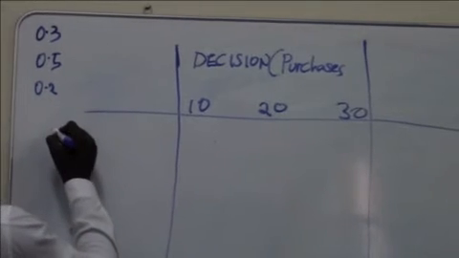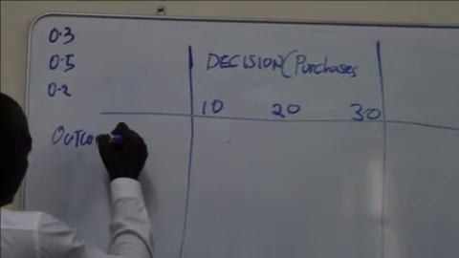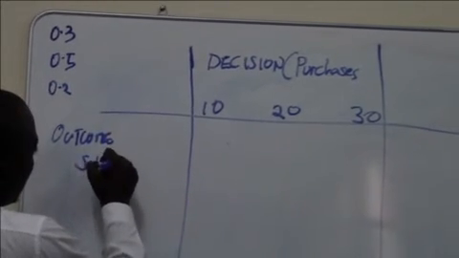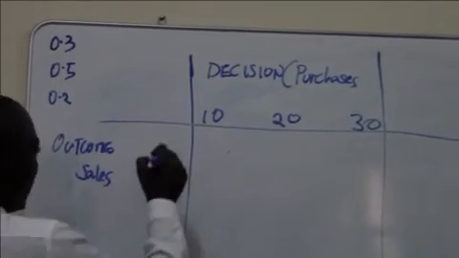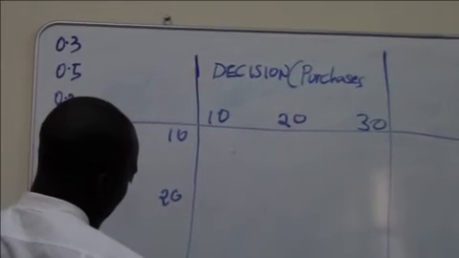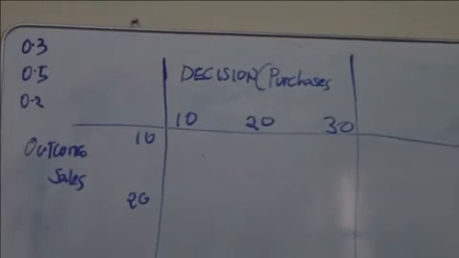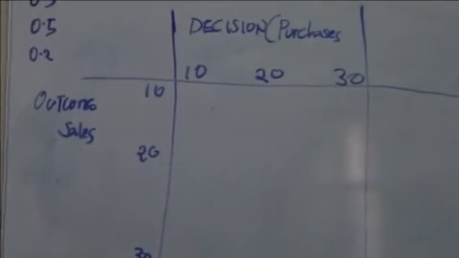Then we have the outcome, which is the sales. Same, you have your 10 over here, you have your 20 over here, and you have your 30 over here.